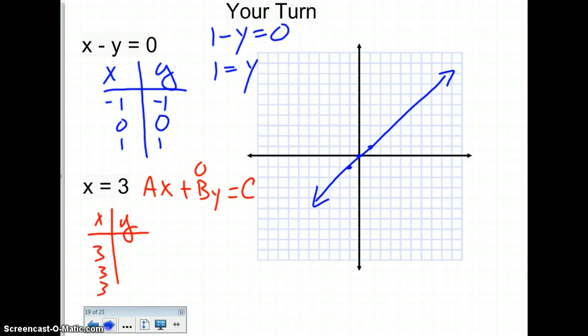And this one was a little tricky to graph on your own. Whatever I put in, -10 or 0 or 1, I'm going to have a line that's coming through at 3, and it's going to end up being a vertical line. So again, hoping we gain an understanding. So that's one way we can make a T-chart and graph a line.